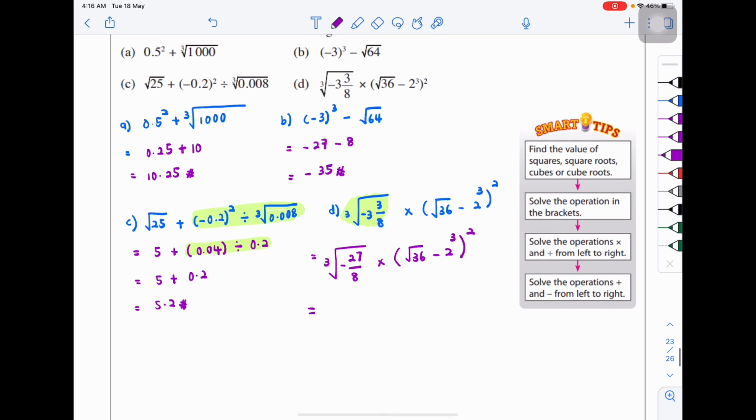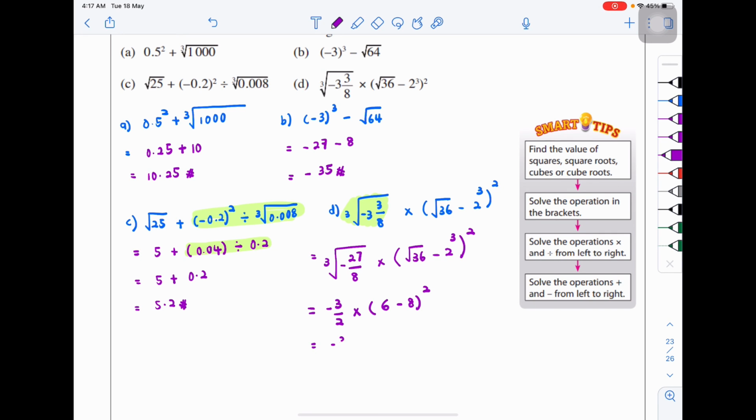Let's solve the cube root of negative 27 over 8 first. The cube root of negative 27 over 8 will give us negative 3 over 2. Times, now square root 36 will give us 6, and 2 to the power of 3 will give us 8, and then bracket square.